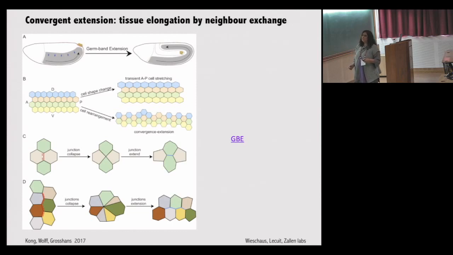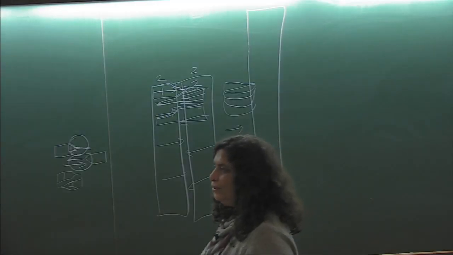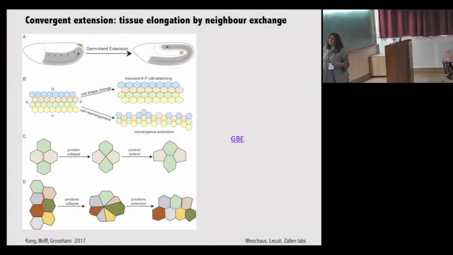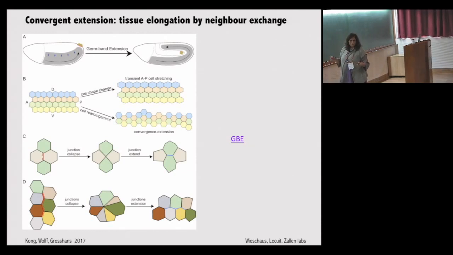But in order for this sort of mechanism to give you a reliable change in the dimensions of the tissue, you will need a mechanism by which, let's say, all interfaces that are oriented in this direction shrink, and then they grow back in the opposite orientation.